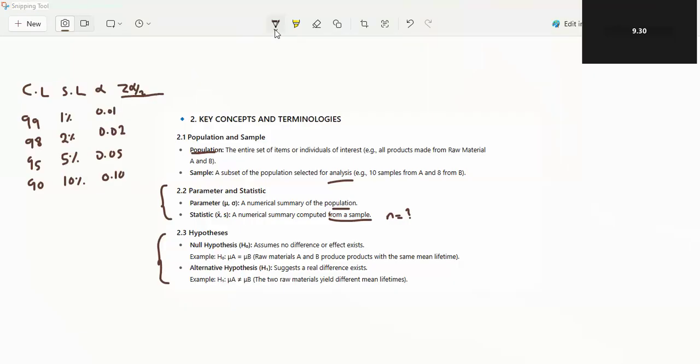So at 99%, what is our Z value? 2 point what? 2.58, or 2.575, yes. Then 98, what is our Z? 2.33. 2.33, correct. About 95%, what is our Z?